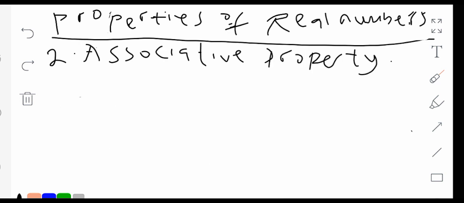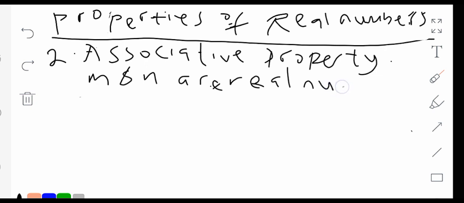So what is the associative property? What does it say? We are just using this as an illustration. If m and n are real numbers, how are we going to know that they have the associative property? It's going to be like this for addition.